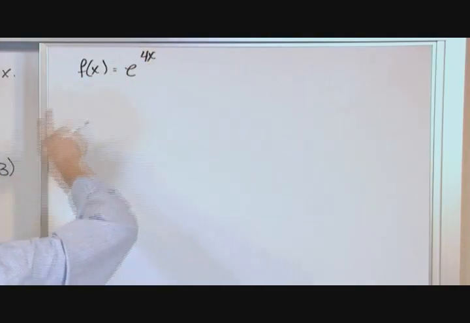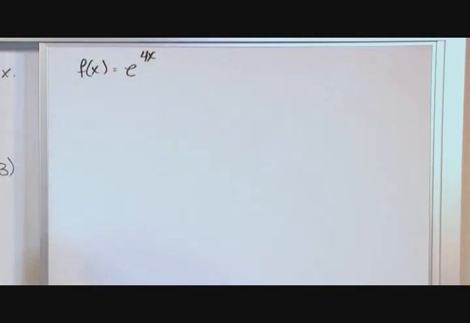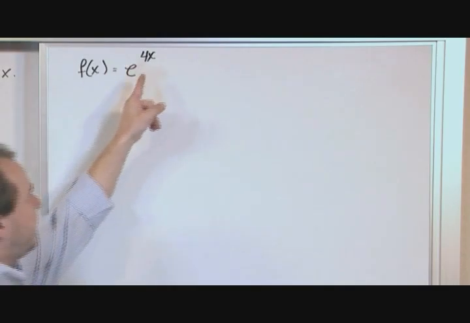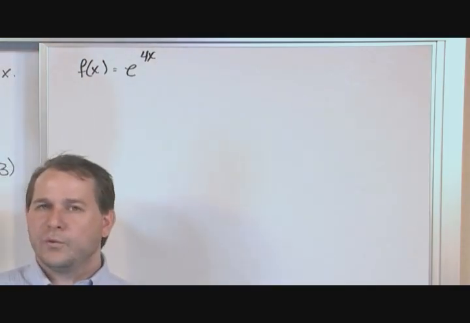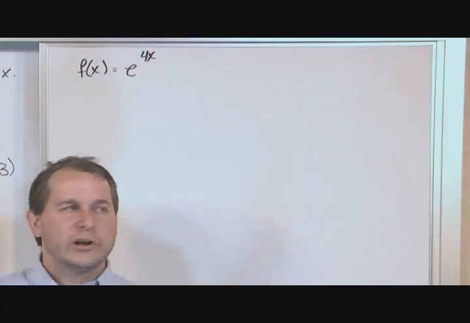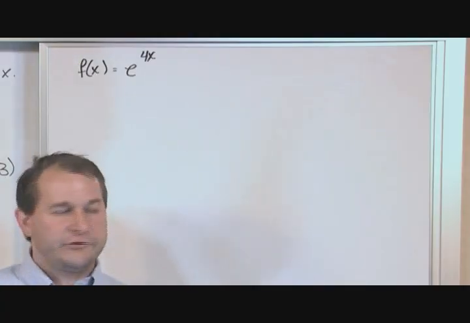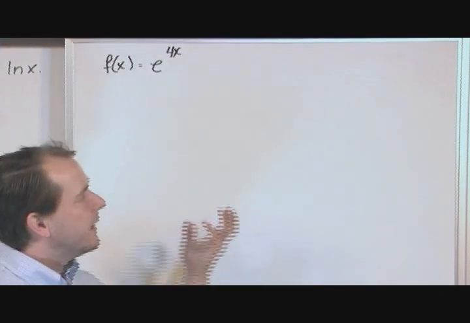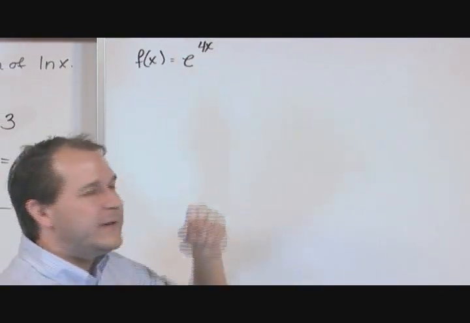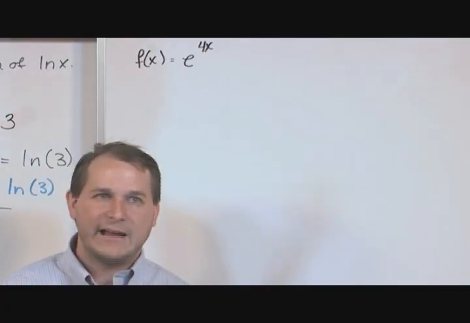Now this is not quite the same because I told you the derivative of e to the x was e to the x. But here we don't have e to the x, we have e to the 4x. So just like before, we have a nested function here. The big picture is the exponential, e to the power of something. The detail is that what's wrapped up in here isn't quite so simple as just x would be.